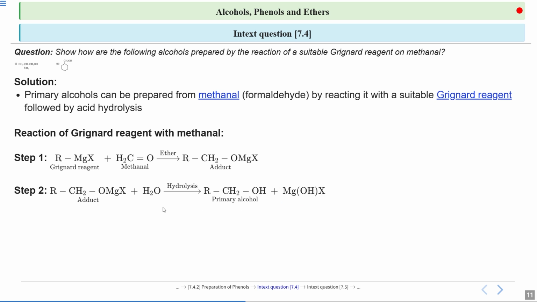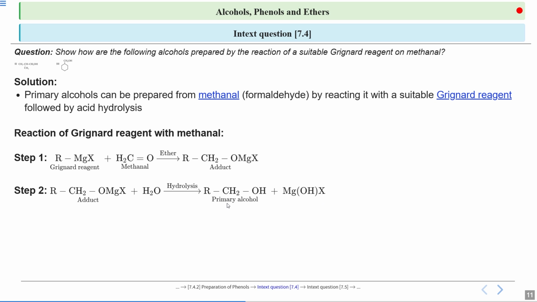Your H plus has a positive charge and will attack on this O minus over here, because this adduct forms O minus, which has electron density. So H plus will attack on this and form your primary alcohol, that is RCH2OH, and this group will be separated, that is MgOHX.